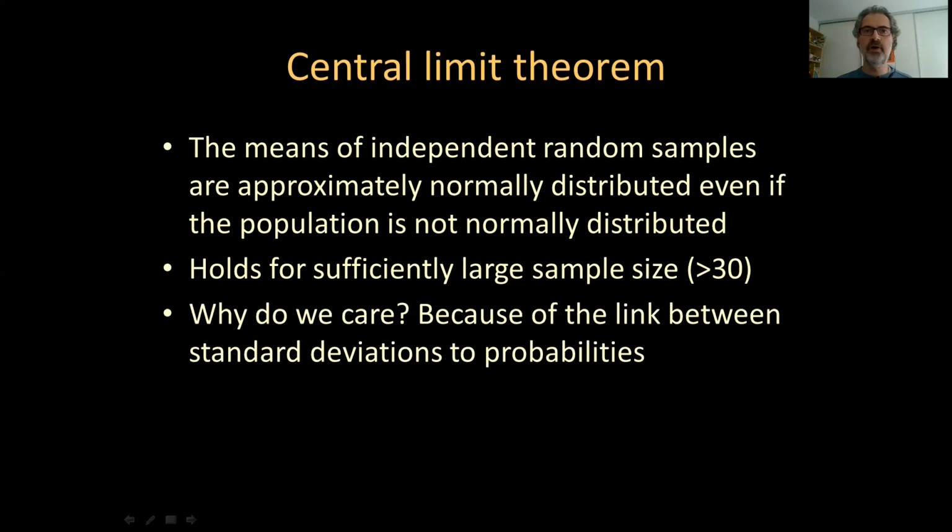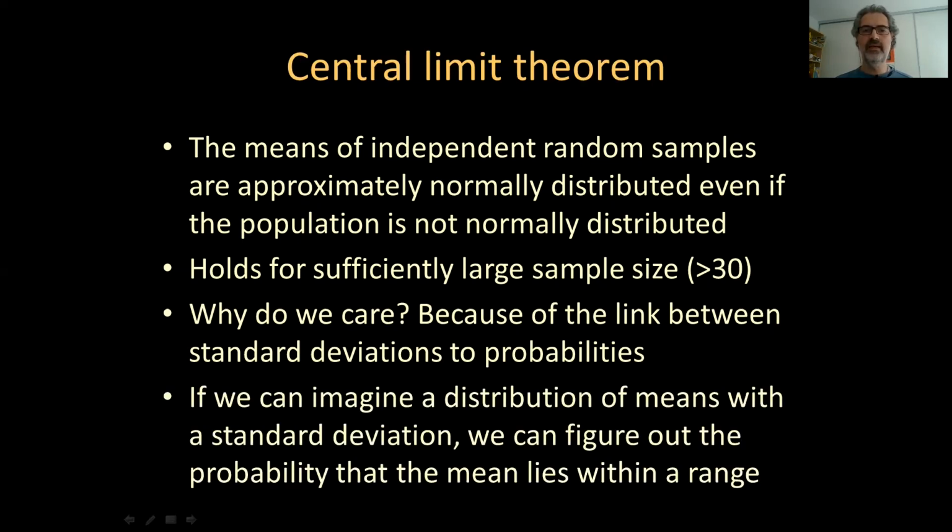So if we know that the means are normally distributed, although of course we don't know what all the other values would be, well, we can still link standard deviations to probabilities through the known link via the normal distribution. 68% within one standard deviation, 95% within two standard deviations, and all that.